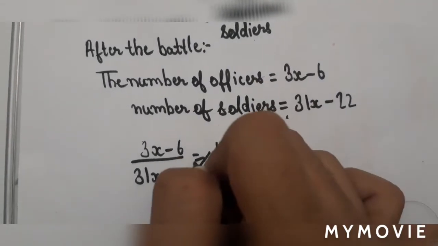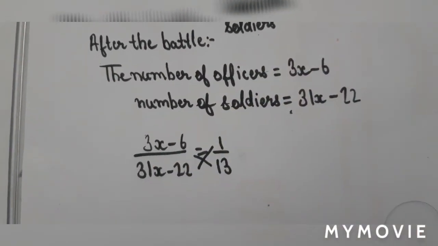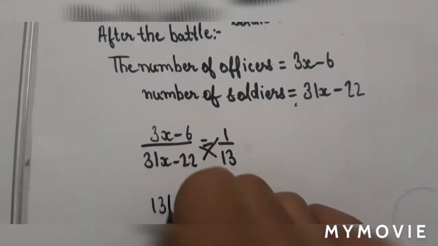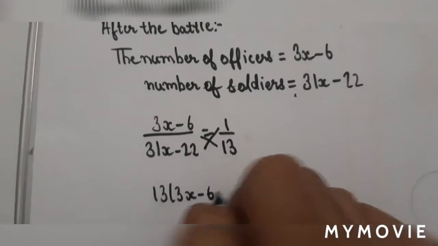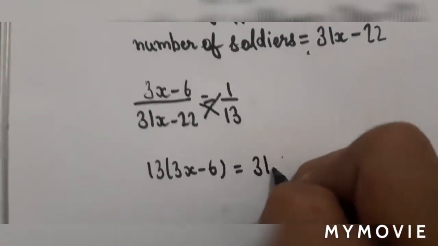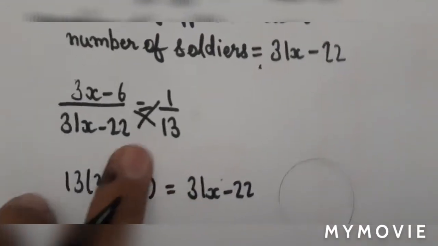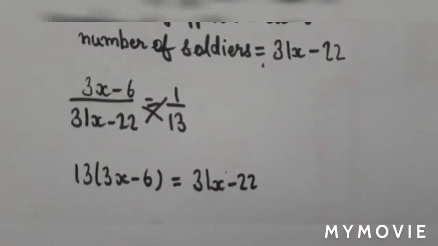So cross multiply it. If you cross multiply it, so 13 into 3x minus 6 and 31x minus 22. Because 1 is there, if you multiply 1 with any number, the answer will be the same.